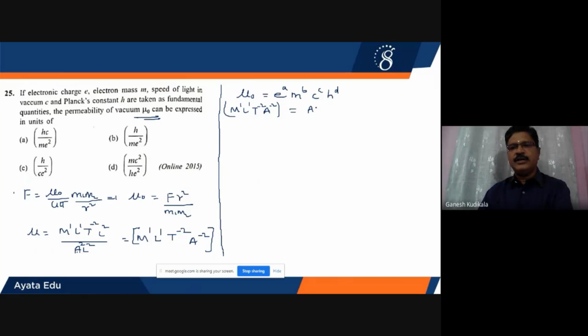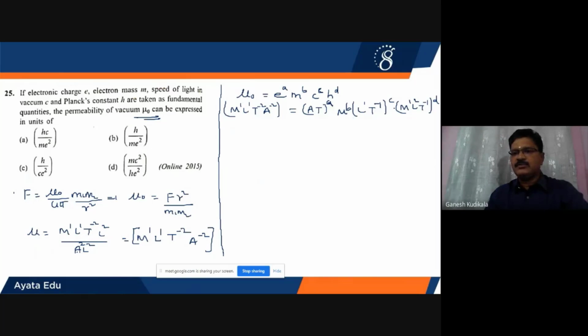Therefore, A into T whole to the power of a I can call. Mass is only M, M to the power of b. Speed of light L1 T power minus 1 whole to the power of c. This is c. And this Planck's constant, just now we have used, M1 L2 T power minus 1 whole to the power of d. See, the equation contains 4 variables here. Definitely we require 4 values here.